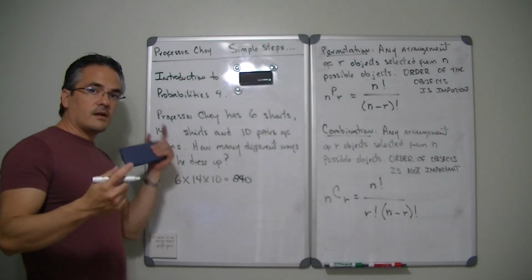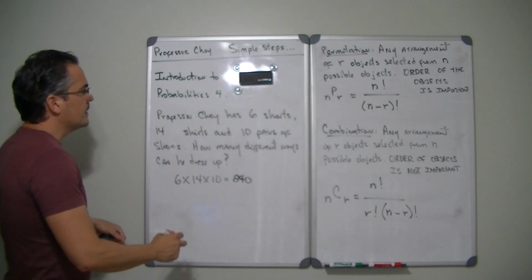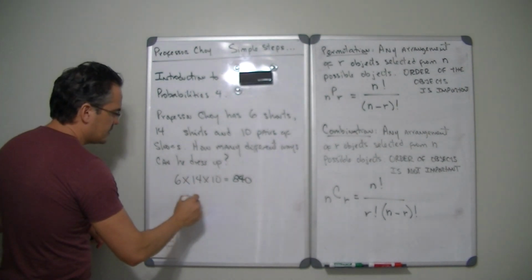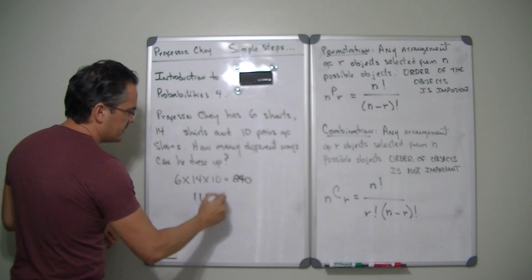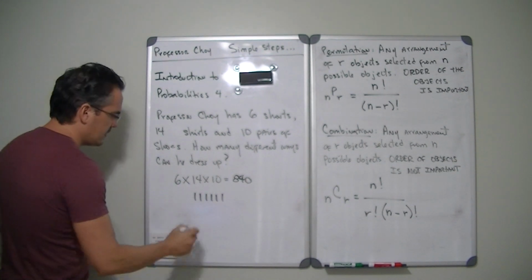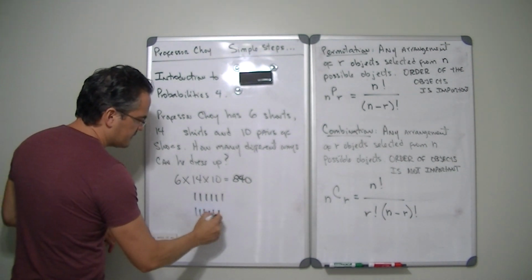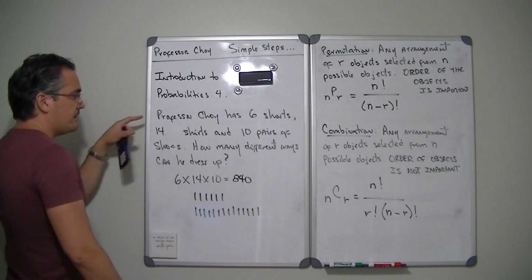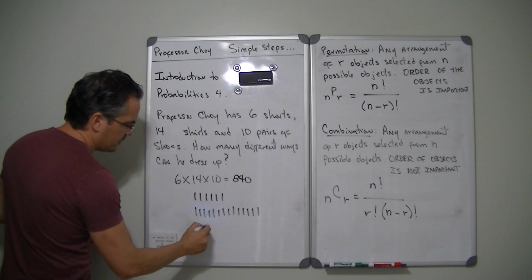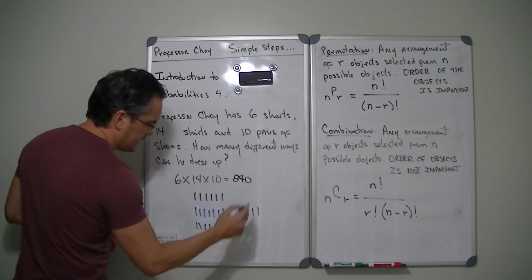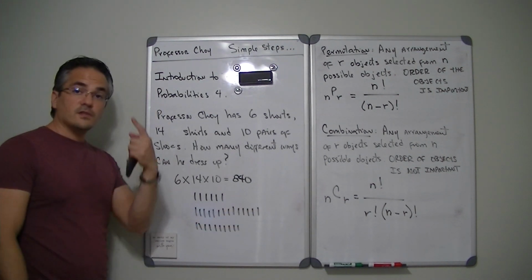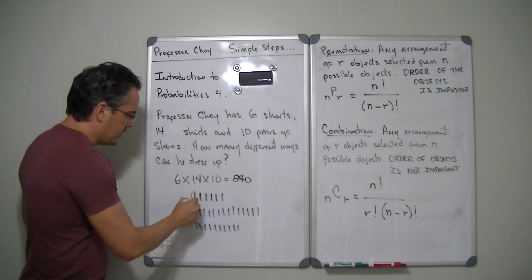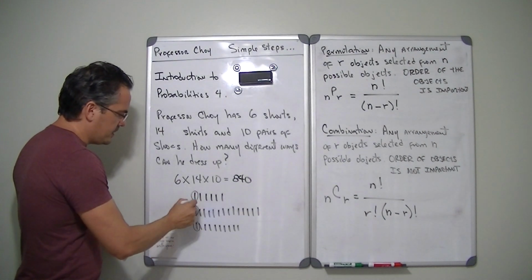Now if you want to visualize what we're saying, you have 6 shorts, 1, 2, 3, 4, 5, 6, then you have 14 shirts, 1, 2, 3, 4, 5, 6, 7, 8, 9, 10, 11, 12, 13, 14, and you have 10 pairs of shoes, 1, 2, 3, 4, 5, 6, 7, 8, 9, 10. Alright? The first way you can dress up is by using this combination here, so that's combination 1.